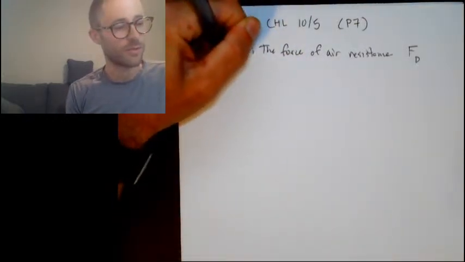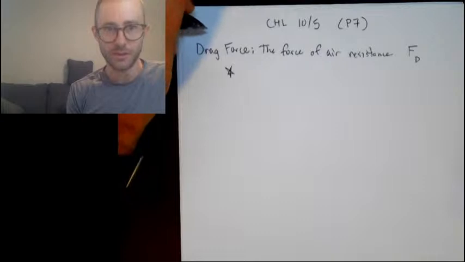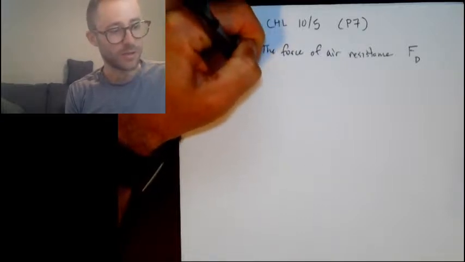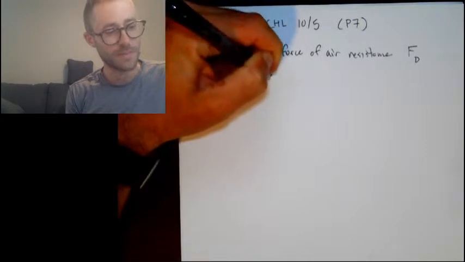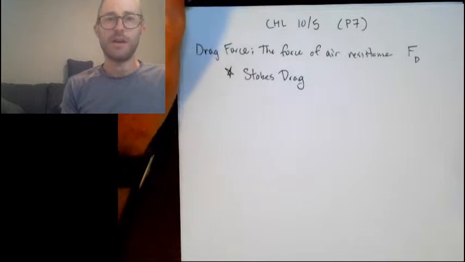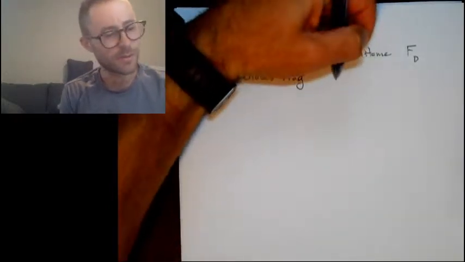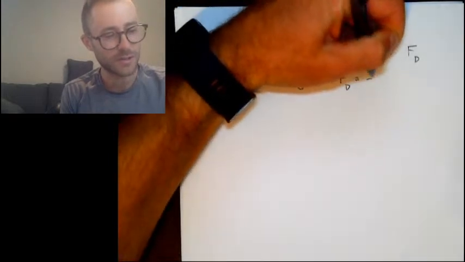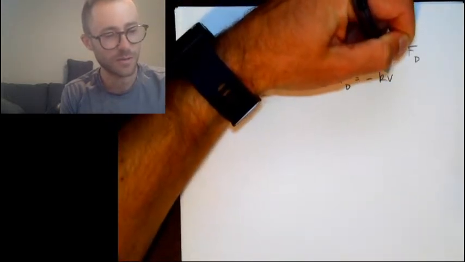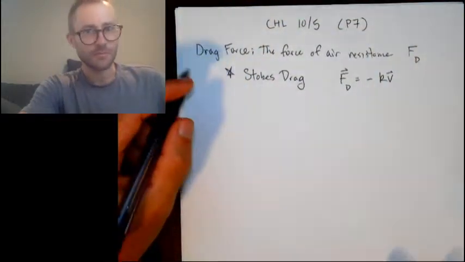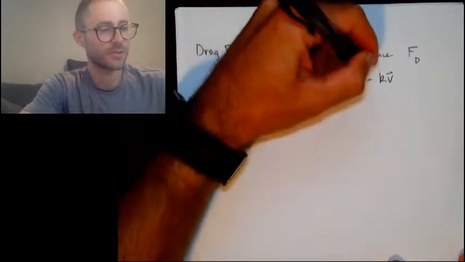So this is the form of the drag force that is used on the AP exam, okay? It's called Stokes drag, and this formula for the drag force is minus K times the velocity. So a couple of things to note.